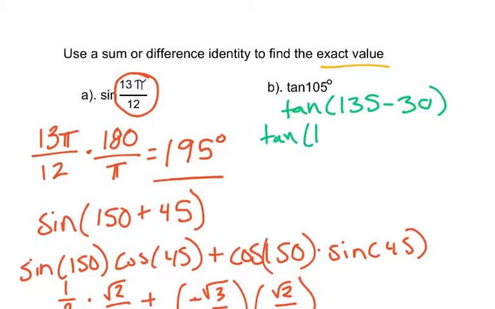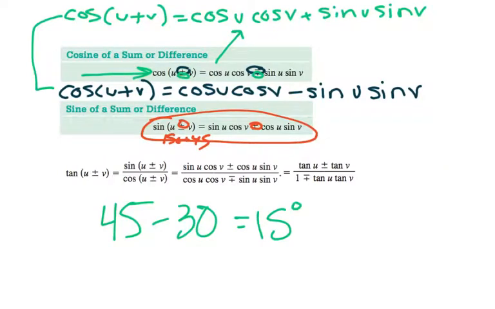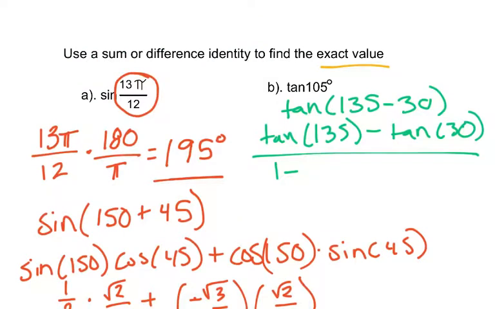So tangent of 135 minus tangent of 30 over 1 plus, because we're doing minus, so plus, and then the top was minus, tangent of 135 times tangent of 30. Just want to double check. Alright, so now we just need tangent of 135 and tangent of 30.